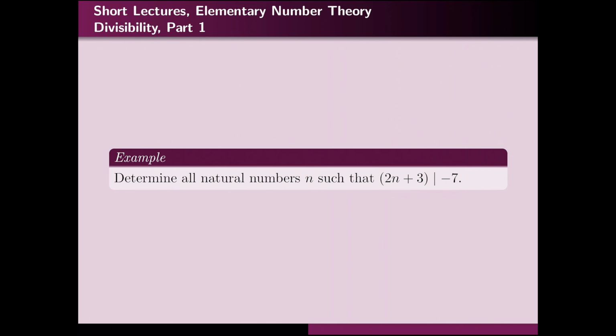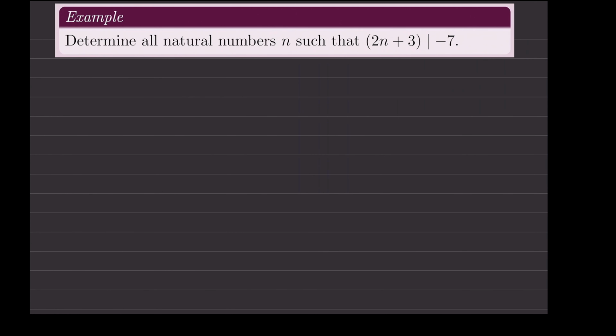But what are the factors of minus 7? So 2n plus 3 has some scenarios: either it is minus 1, or it is 1, or it is minus 7, or finally 7. I do not have other options because, as we will see later, 7 is a prime number, of course, you know that. So these are the options that I have.